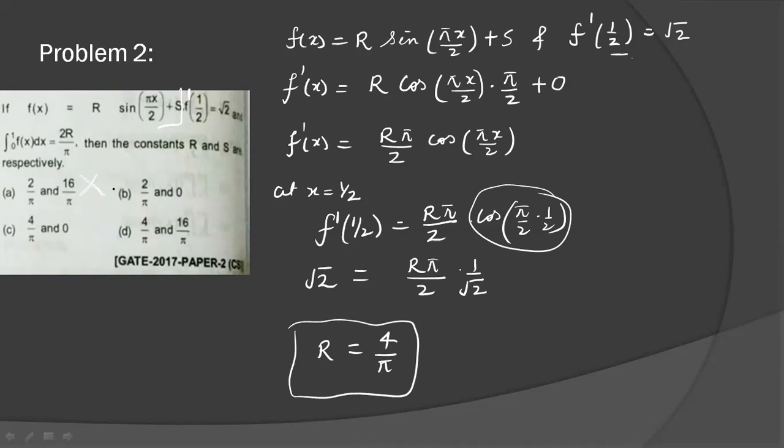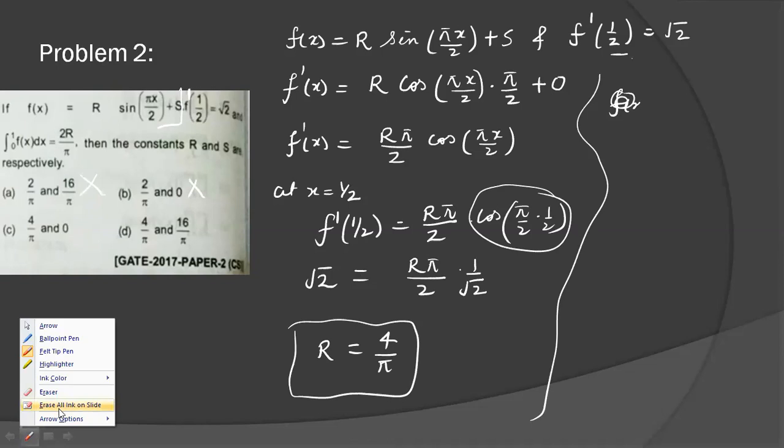At least 2 options are cancelled out. Now we have to check the value of s. If you have the value of r, it means you have fx in terms of r now. So we can put that later. Use the value of fx in the given equation.